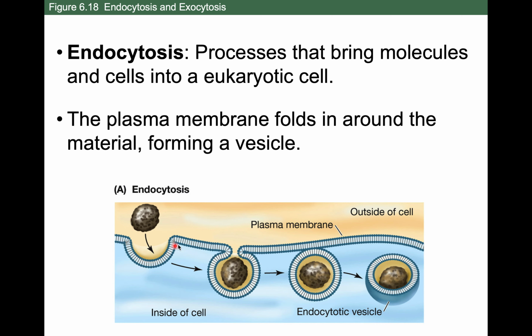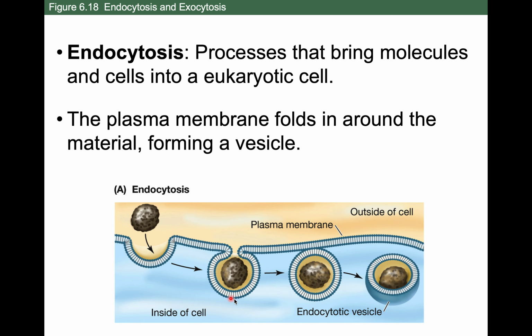And as you can see here, this is really taking advantage of the fluidity of the plasma membrane, right? So you can have this big macromolecule or clump of macromolecules, right? Basically pushing the membrane in, or the membrane folds in of its own accord.